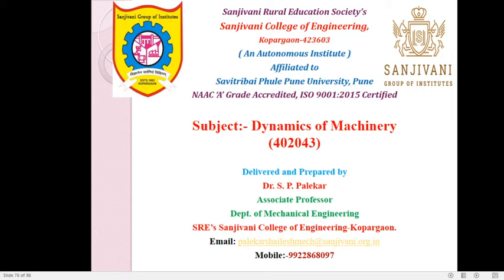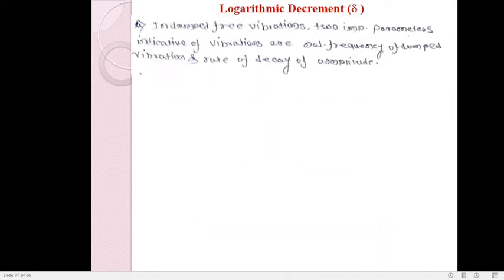So this term comes into the picture in case of damped vibrations, and that too when the damping is viscous. In that case, the decrease in the amplitude is related by a term known as logarithmic decrement.